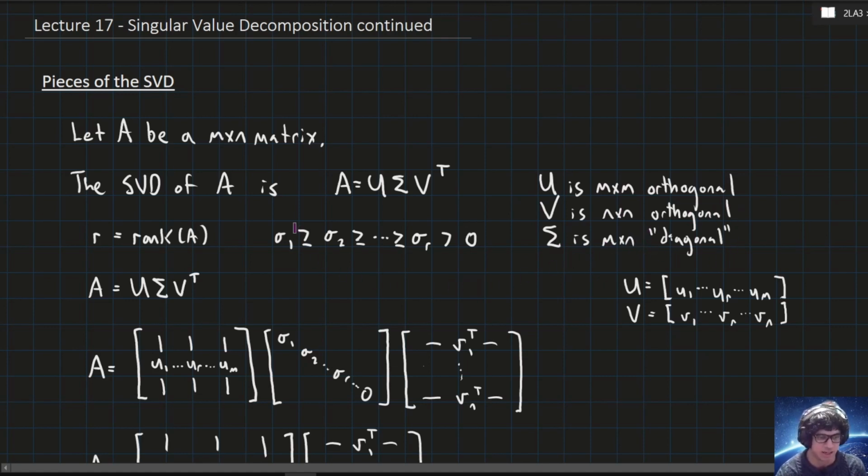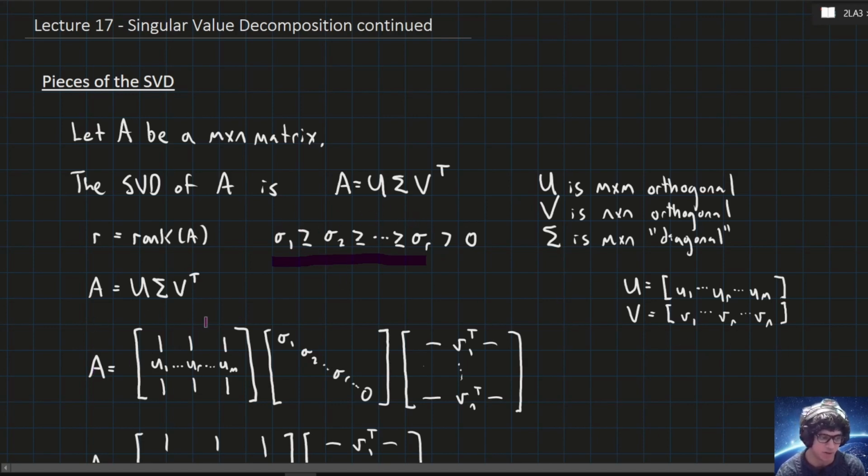The singular values along the diagonal of sigma will be sigma 1, sigma 2, all the way to sigma r, where r is the rank of A. And we always order them like this, where sigma 1 is the highest, sigma 2 is the second highest, and sigma r is the lowest. And we know these numbers will be positive and real.